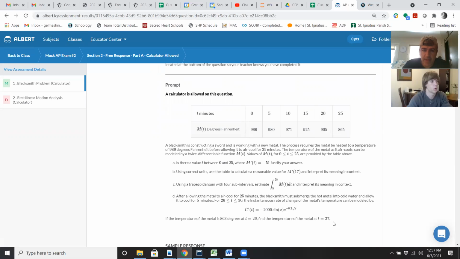Now, the first question: is there a value t between 0 and 25 where the derivative will be -5? Okay. Well, give me one sec here. Let me think about this one.